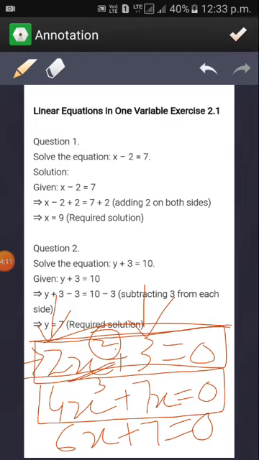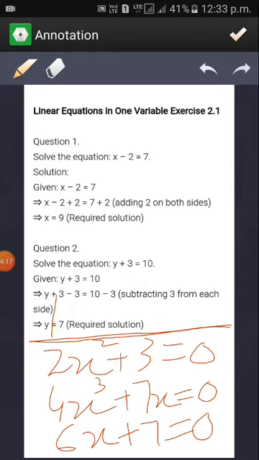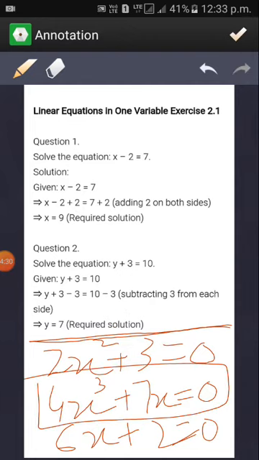Now in the second case, I have constants 4 and 7, variable x, here the power of this x is 3, and the power of this x is 1.